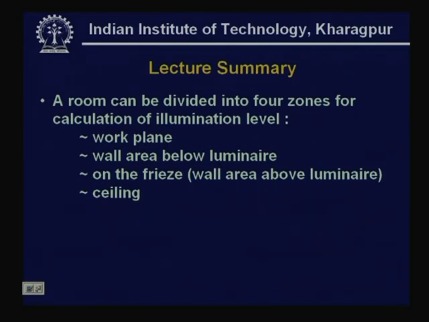The lamps are located recessed in the ceiling or in the false ceiling, keeping in mind that we do not have such large ceiling oriented buildings these days, because one has to keep even the air conditioning load in mind.